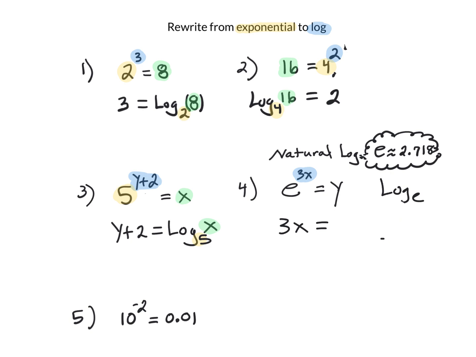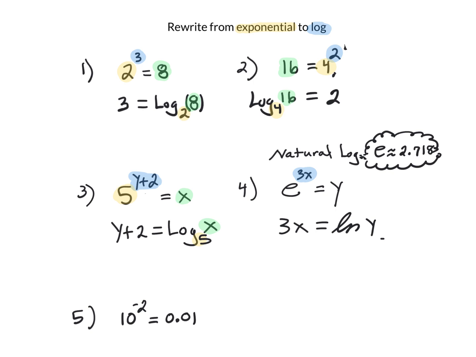So we write the natural log of y, because this is really a hidden e. So 3x is equal to the natural log base e of y. We can drop the e and just say 3x is equal to the natural log of y.